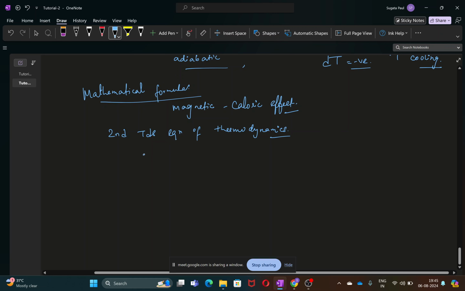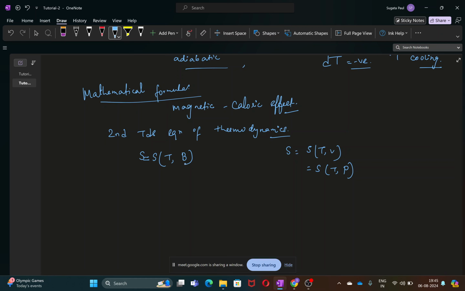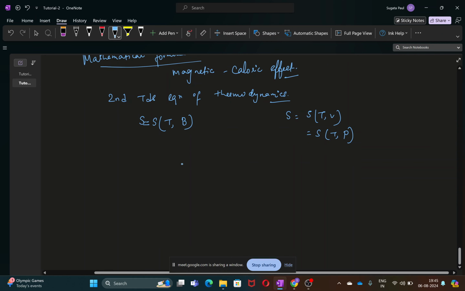So basically here you have to consider that your entropy is a function of both temperature and magnetic field. Generally you may remember that you take entropy to be a function of T and V, or in some cases as a function of T and P. But here instead of P or V, because you are in a magnetic system, we will introduce B, which is the magnetic flux density, or in other words magnetic induction. So S is a function of both T and B.